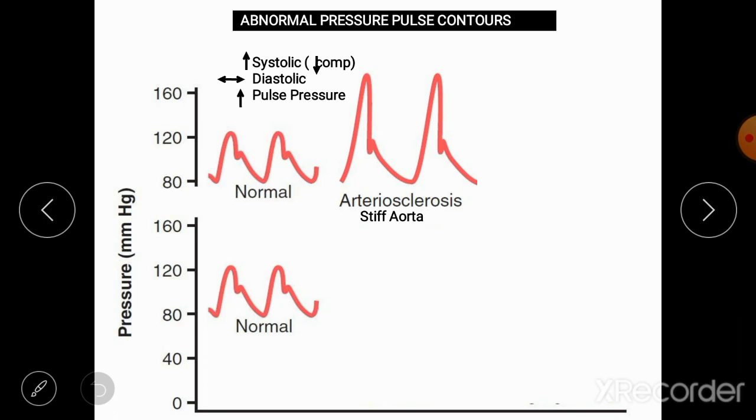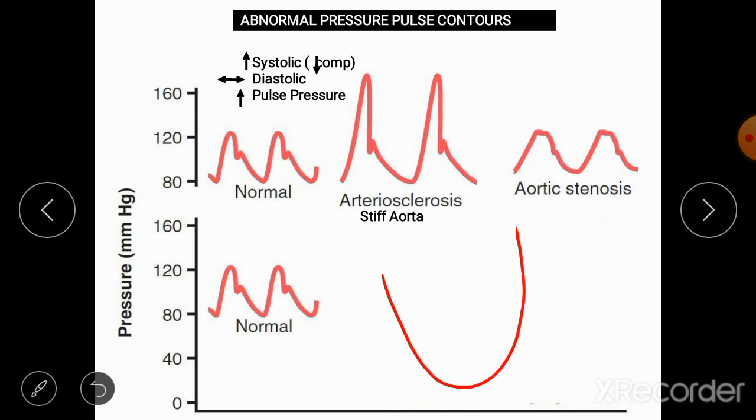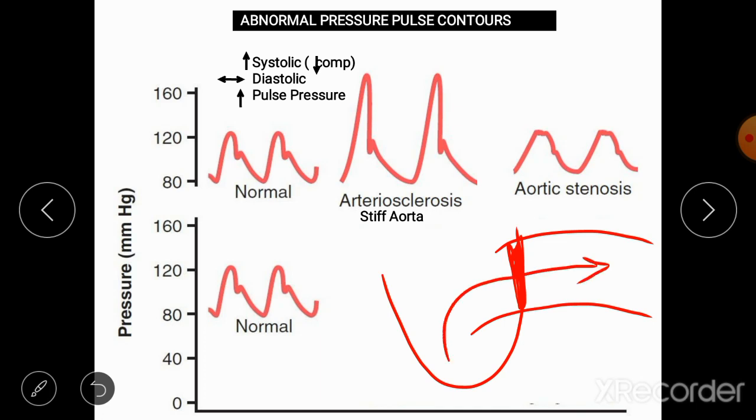Now let's have a look at another condition. This is aortic stenosis. Now what is aortic stenosis? As you know, the valve present between the left ventricle and the aorta is known as the aortic valve. When this valve becomes rigid or stiffened, this condition is known as aortic stenosis. As a result, the blood which is to be pumped from the ventricle into the aorta faces large resistance.